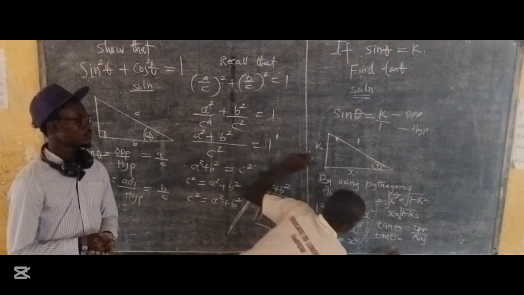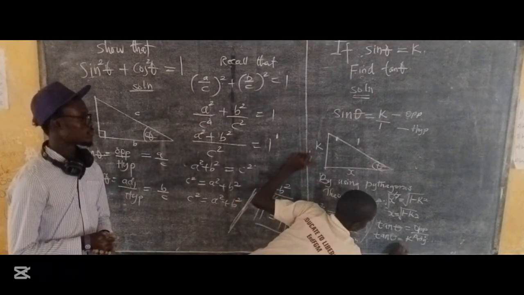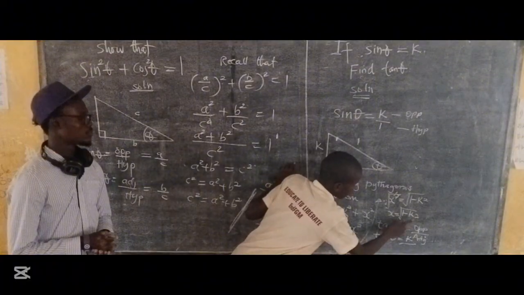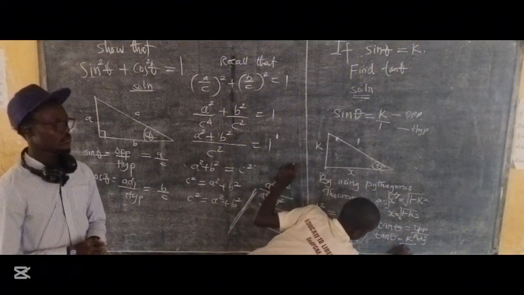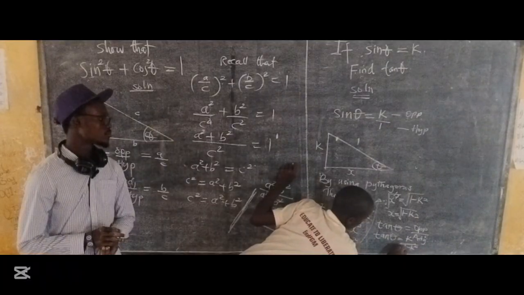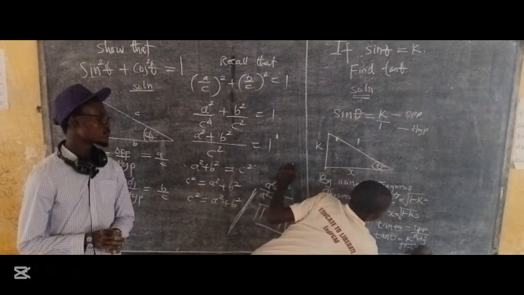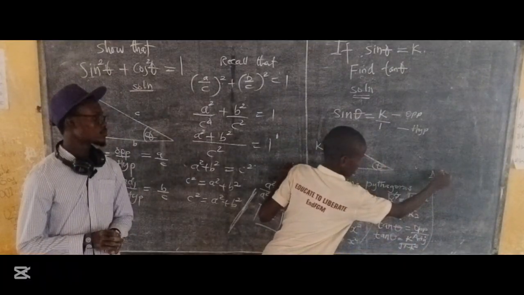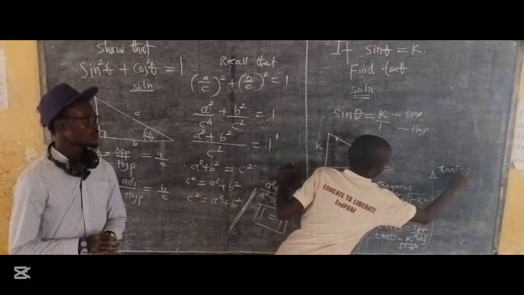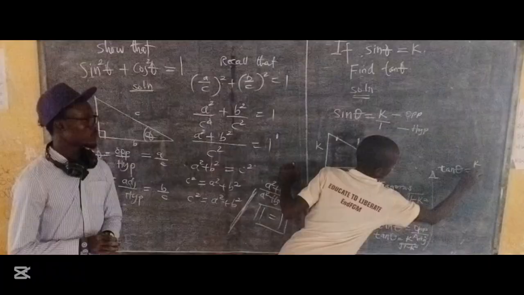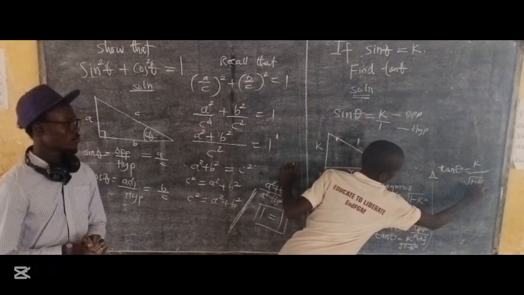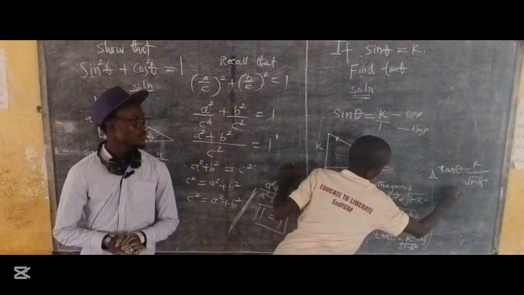It is k, right? Divided by the adjacent. The adjacent is the square root of 1 minus k square. So automatically tan theta is equal to k divided by the square root of 1 minus k square, as required.